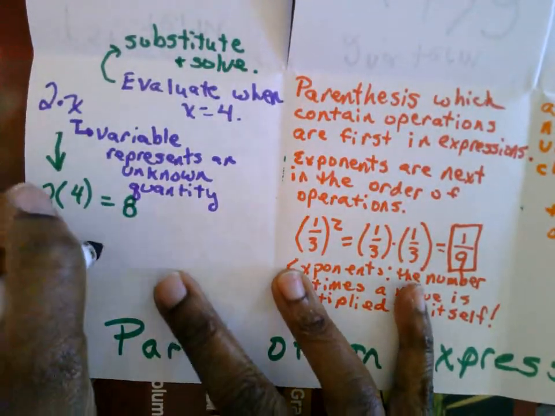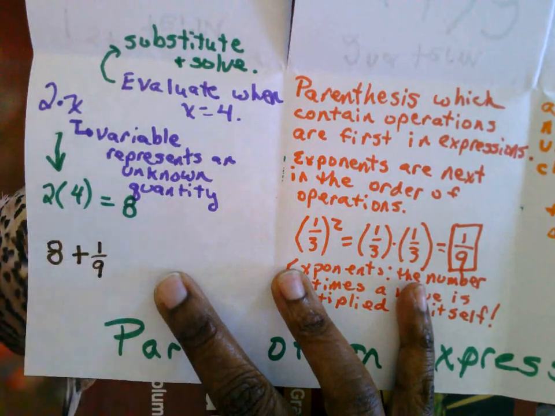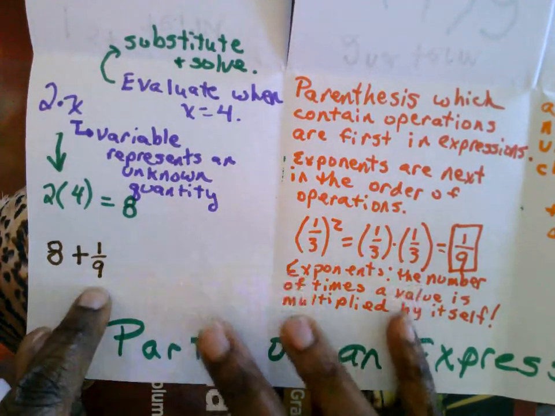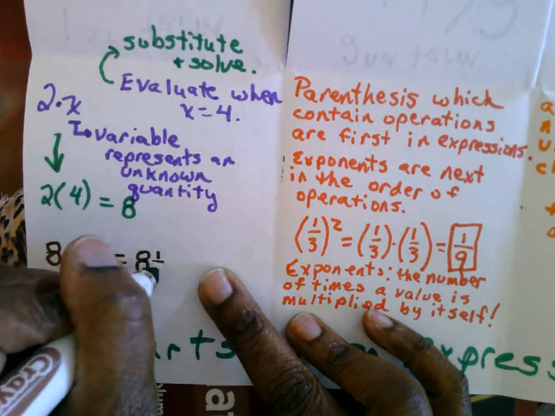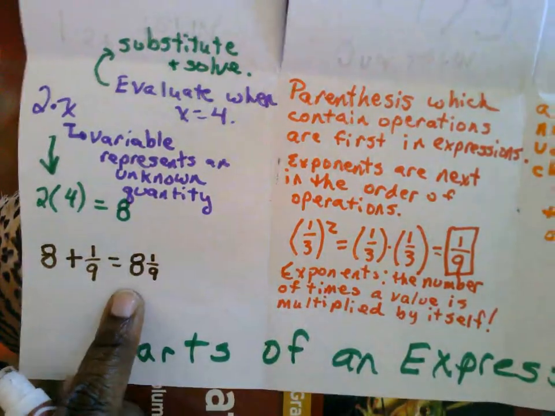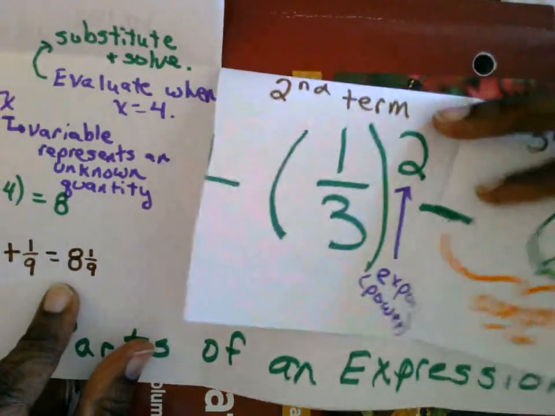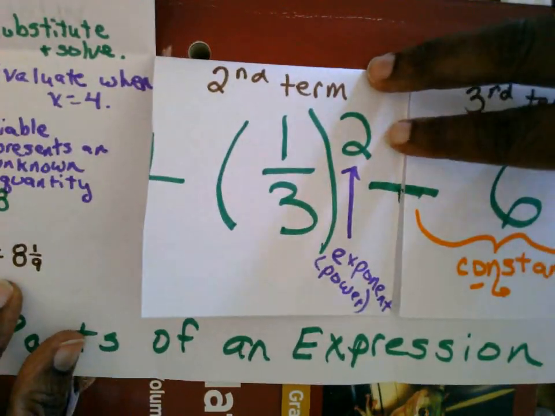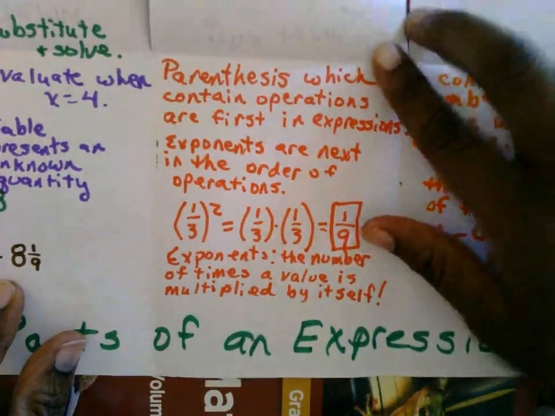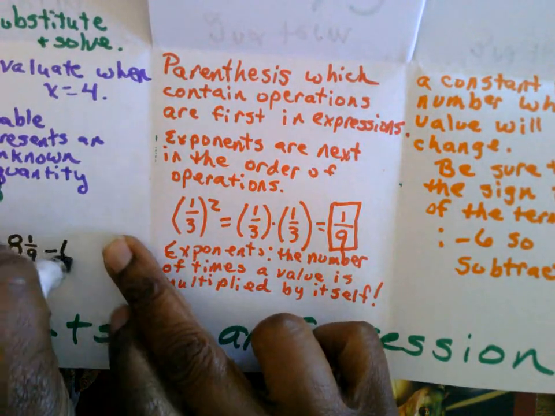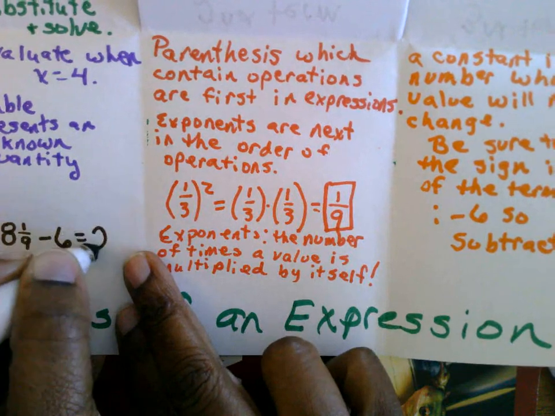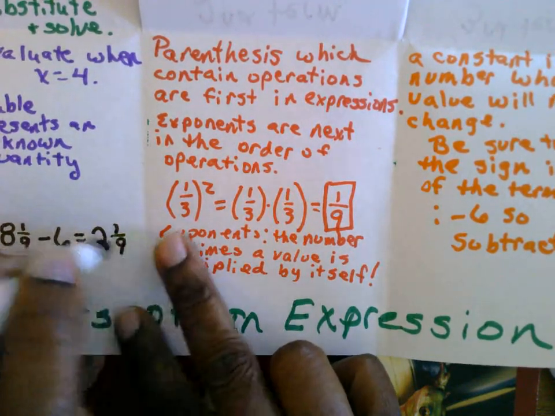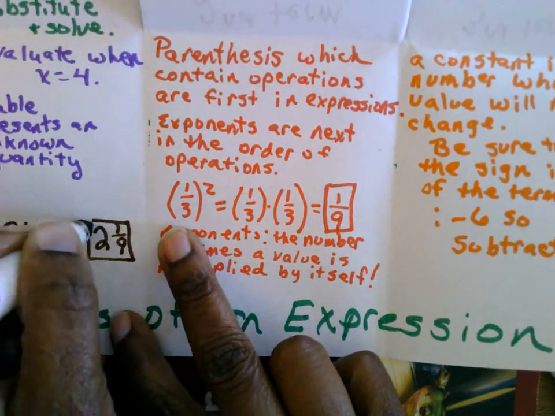Okay, so we add 1/9 to the first term. What do we get? 8 and 1/9. Now we have 8 and 1/9. What happens next? Subtract 6. So we have 2 and 1/9 as the value of this expression.